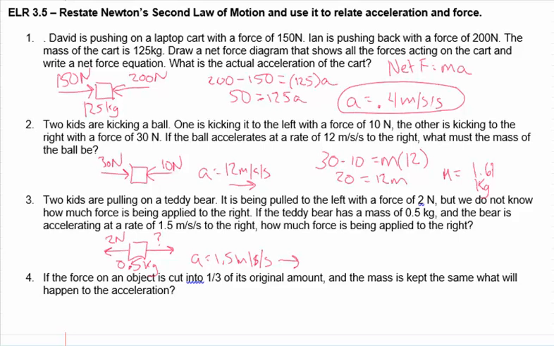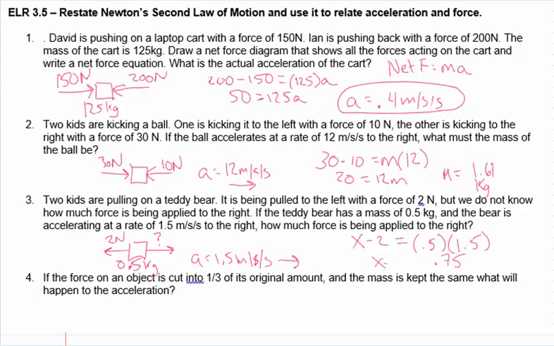We're going to set this up exactly the way we did before. We're going to do subtraction to get the net force. So we start out with just x. I don't know what that force to the right is, but we're going to subtract 2 from it to figure out what the net force is. Then we set it equal to the mass, which was 0.5, times the acceleration, which was 1.5, and then we solve. 1.5 times a half is equal to 0.75.